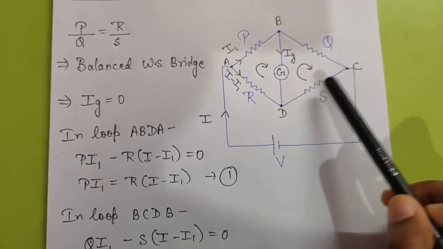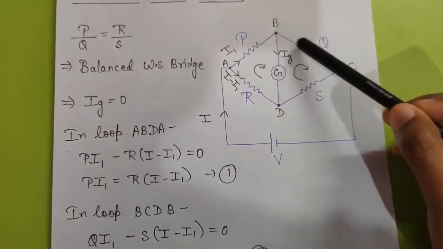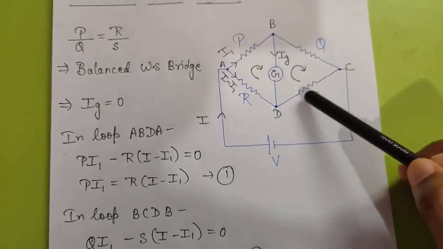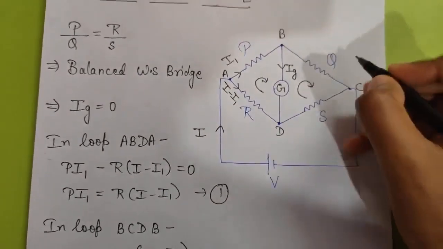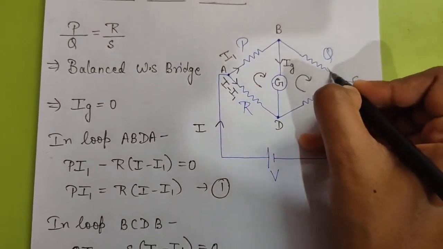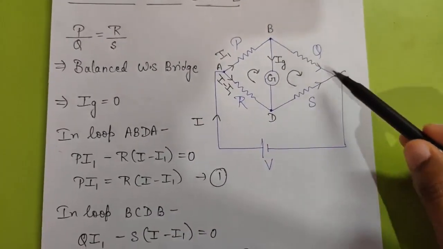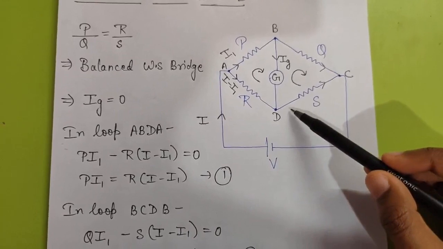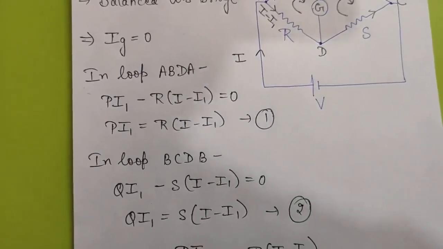So that means from here, and I am coming in clockwise direction, तो plus Q I1 minus S into I minus I1 will be equal to 0, because in this the current is going in this direction and in this the current is going in this direction. Okay, so plus Q I1 minus S into I minus I1 equal to 0. And from this I can write down Q I1 will be equal to S into I minus I1.